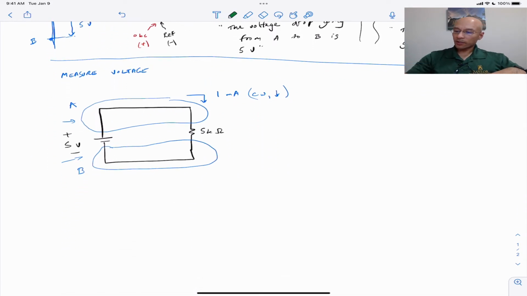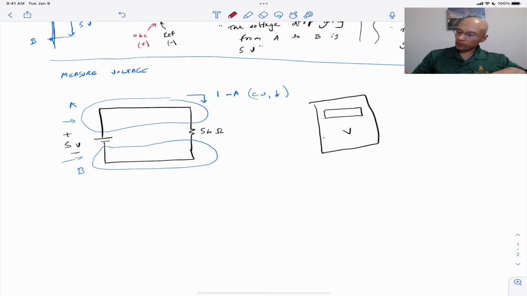Now returning to our circuit schematic, the way we would measure VAB is as follows. Here's our digital multimeter. And so what we would do here is we would connect the red probe to node A, and then the black probe, which is the reference, will go to node B. And so here we're measuring VAB.